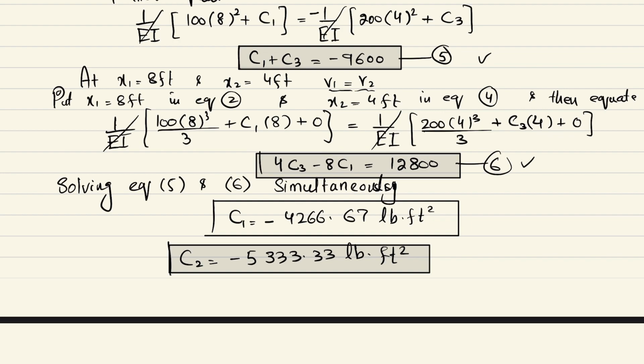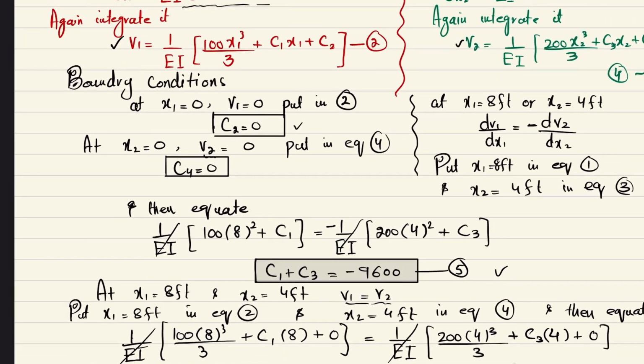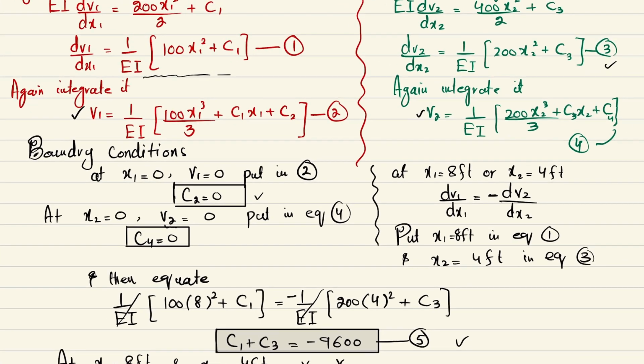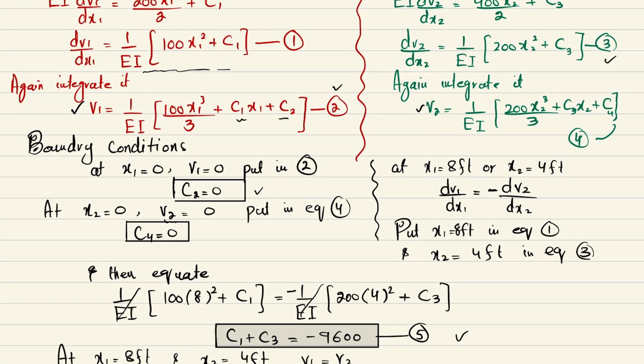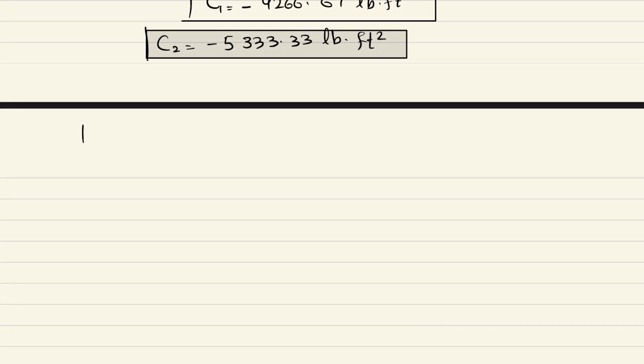So what we will do is just put it in the V1 equation. Here in equation number 2, you can put the value of C1 and C2. So I will write, put C1 and C2 in equation 1 to get V1.